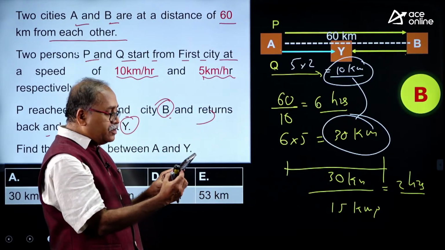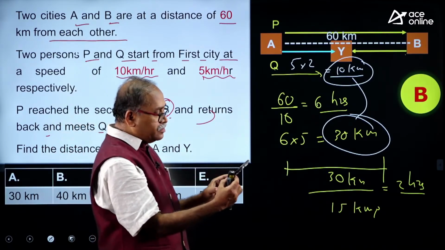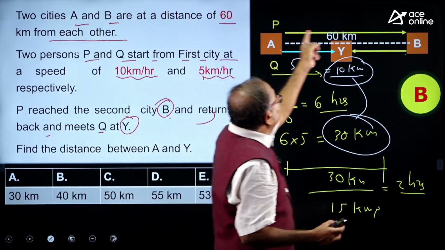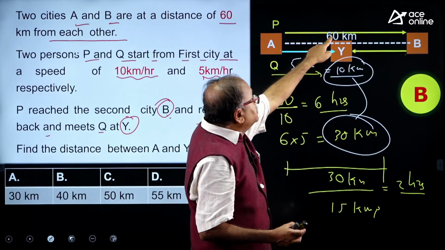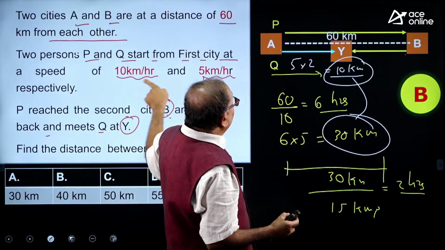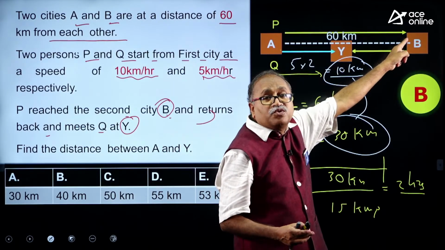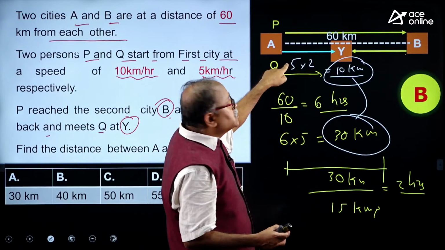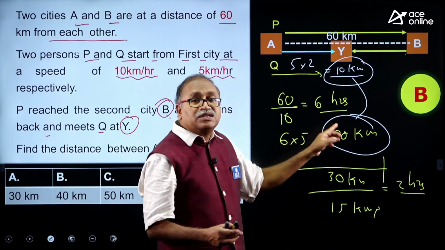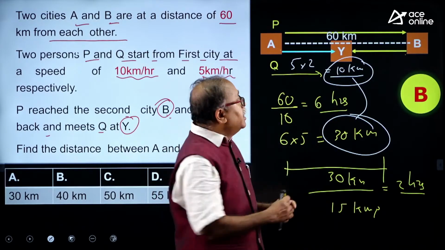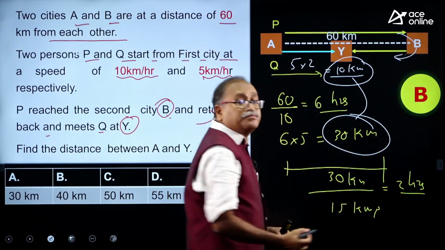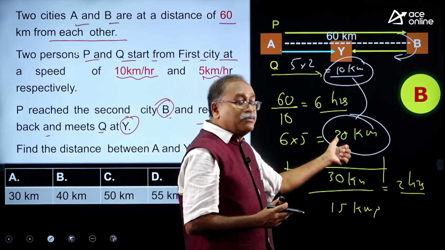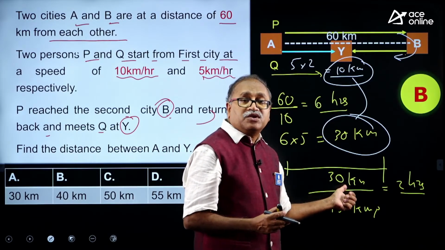Is that clear, my dear friend? Bharat, it is not 30, my dear friend, already 30 in 6 hours when P comes over here. How much distance? 60 km with a speed of 10 km per hour, 6 hours he comes to B. By that time, how much has A already travelled? A's speed is 5 km per hour, so 5 into 6, 30 km he has already travelled. And then when he takes the U-turn, it becomes a relative speed, and since he already travelled 30 km, the remaining distance is 30 km.